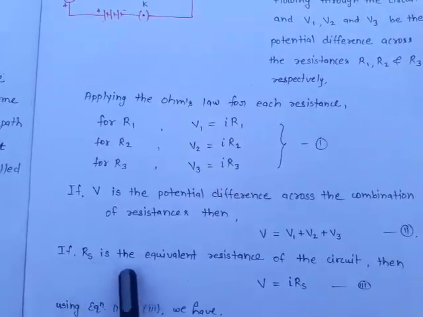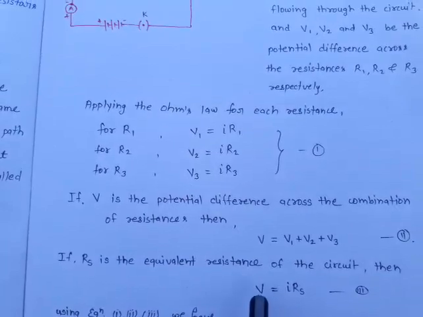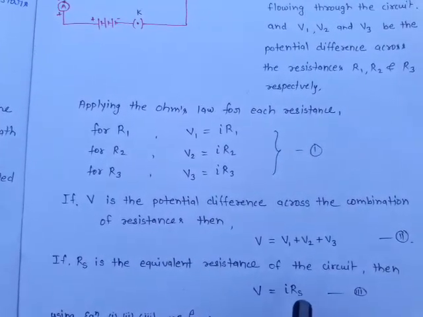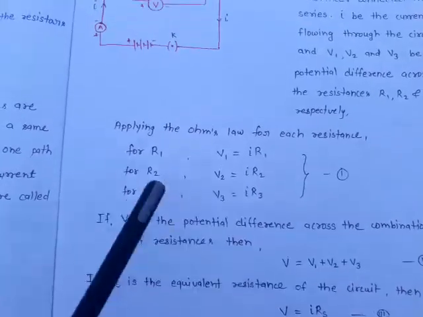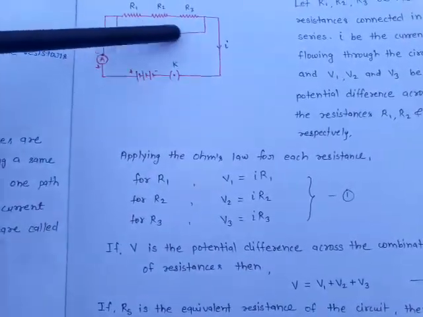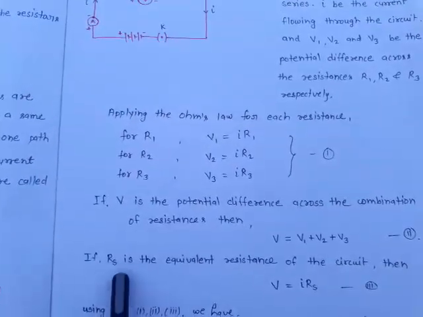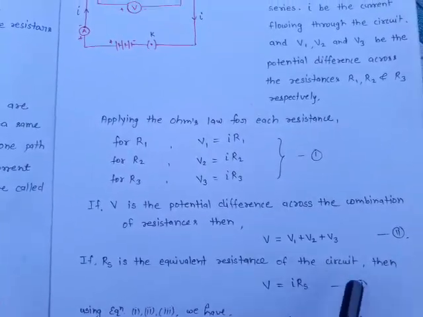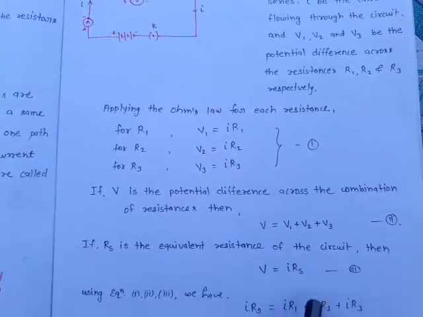If Rs is the equivalent resistance of the circuit, then according to Ohm's law, V is equal to IRs. Here three resistances are given, and solving for the equivalent resistance we get Rs. So according to Ohm's law, V is equal to IRs, which is equation number 3.